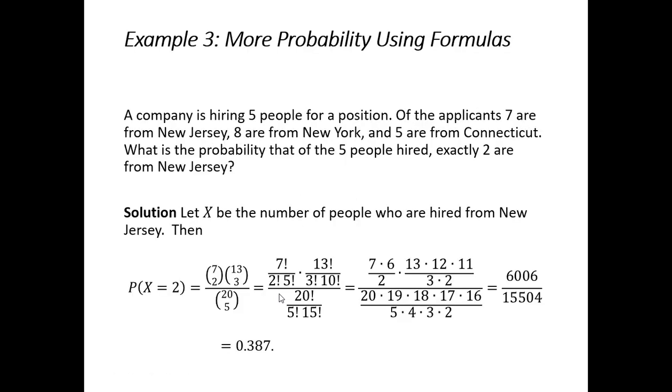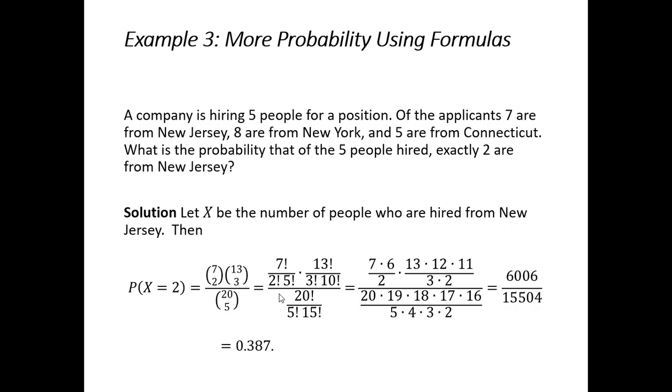Okay, here's another problem, and this is right from the book. Suppose a company is hiring 5 people for a position. Of the applicants, 7 are from New Jersey, 8 are from New York, and 5 are from Connecticut.